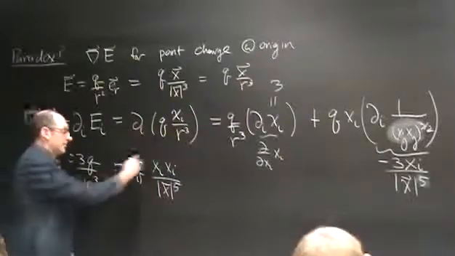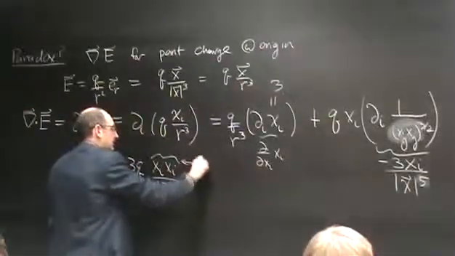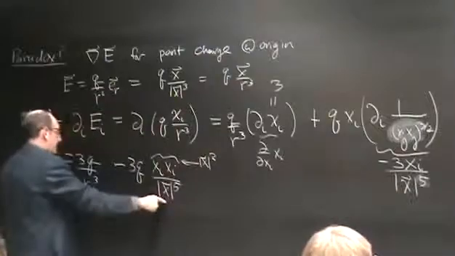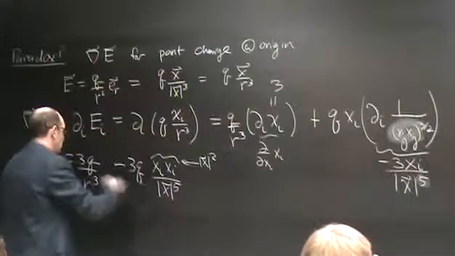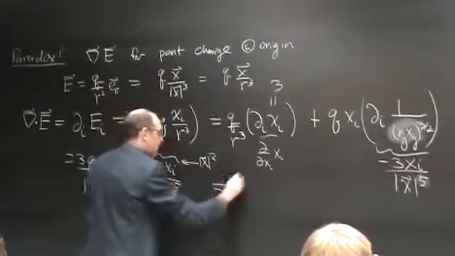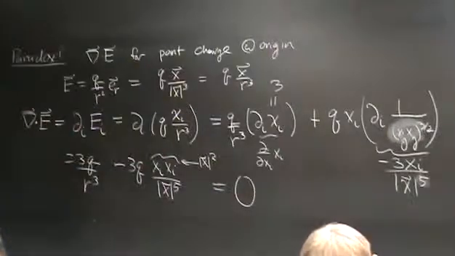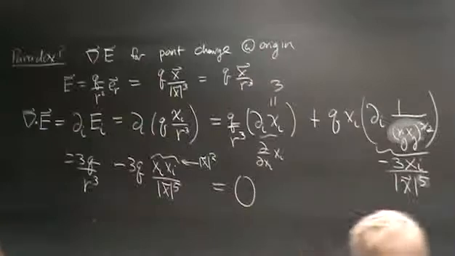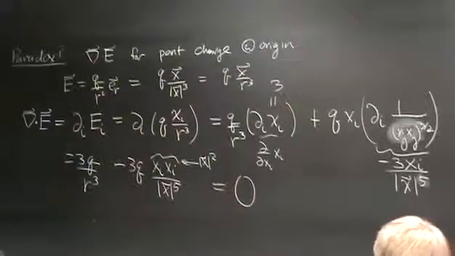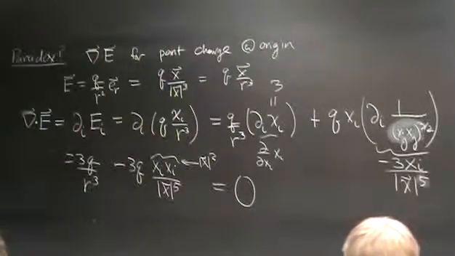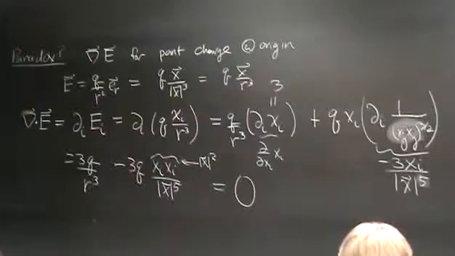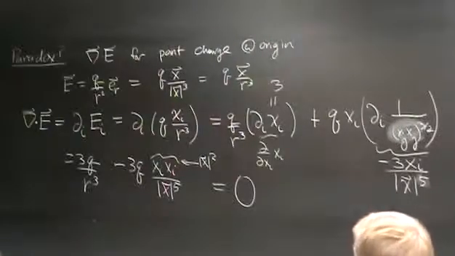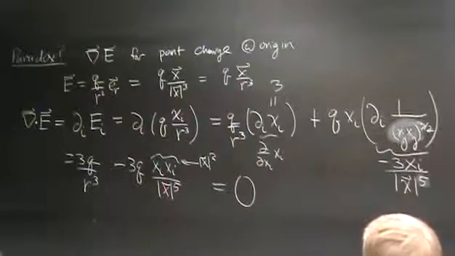So this becomes 1 over r cubed, which is 0. So the divergence of the electric field associated with a point charge, according to this lovely analysis, is 0.